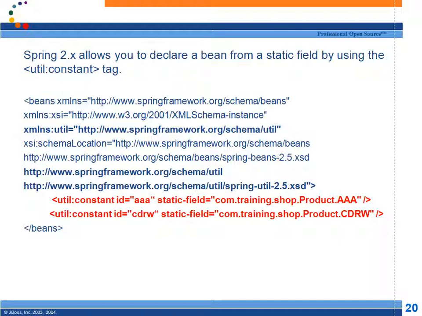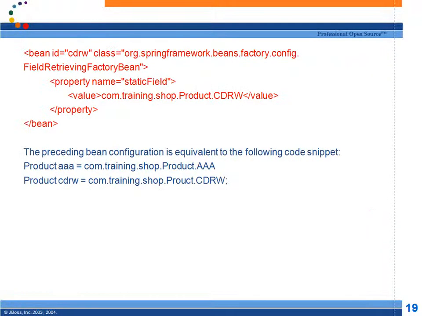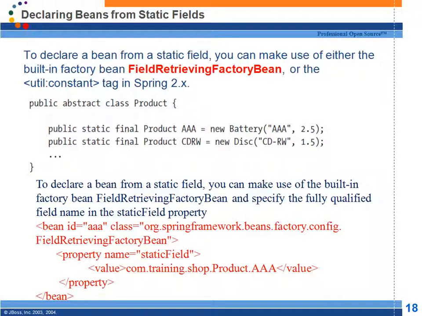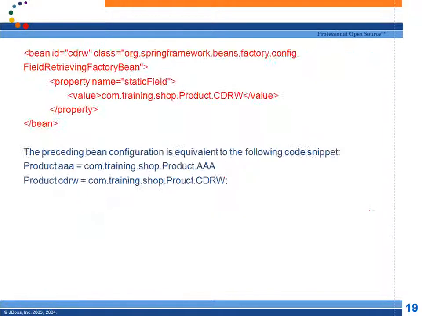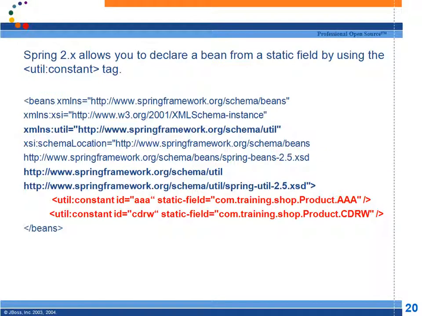This is the bean name, whatever you want, and the static field. This is the shortcut. Instead of using FieldRetrievingFactoryBean, the shortcut is using util:constant. Now if I say factory.getBean AAA, I will get the object which the static variable AAA is pointing to.